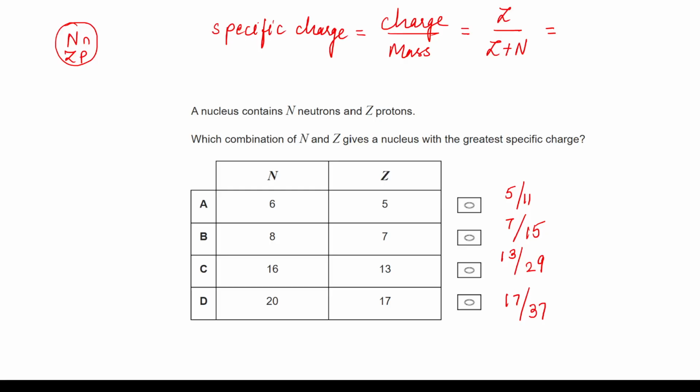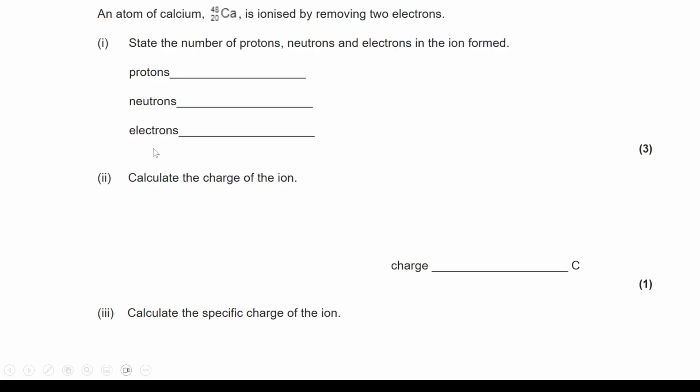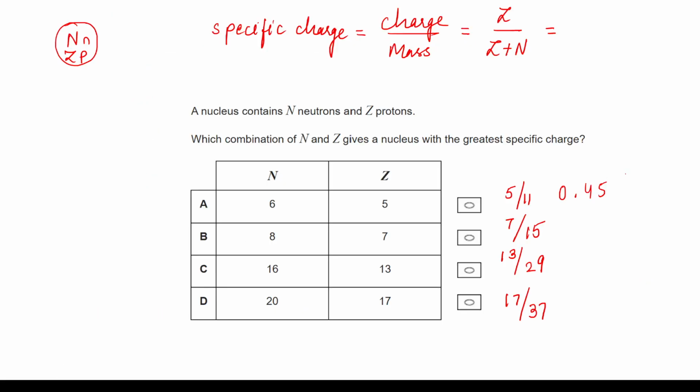All right, so let's see. So doing 5 over 11, I get 0.4545. Then 7 divided by 15 is 0.46667.